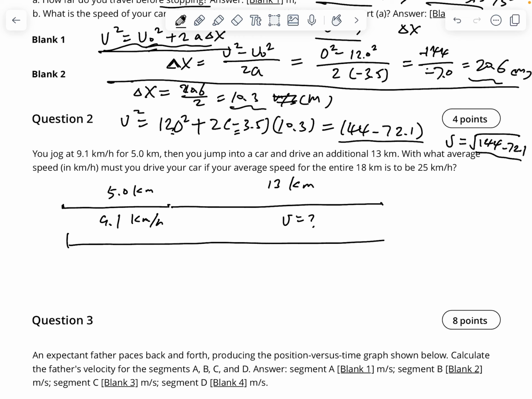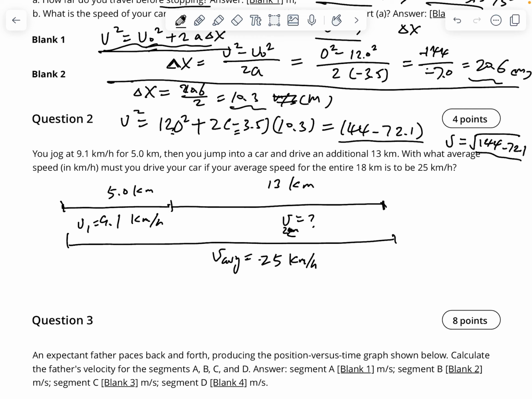For this whole trip, the average is 25 kilometers per hour, and the first segment is 9.1 kilometers per hour. We are looking for the second segment, V2. So this is V1 and this is V2.